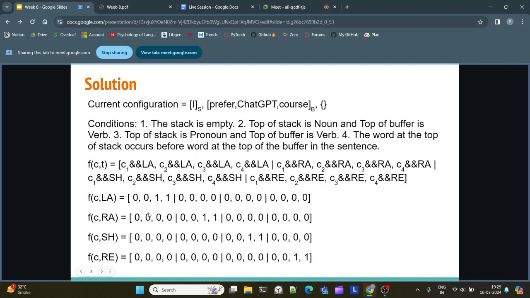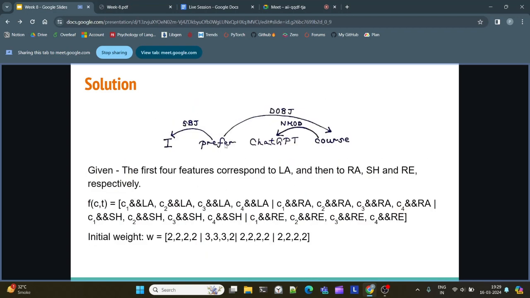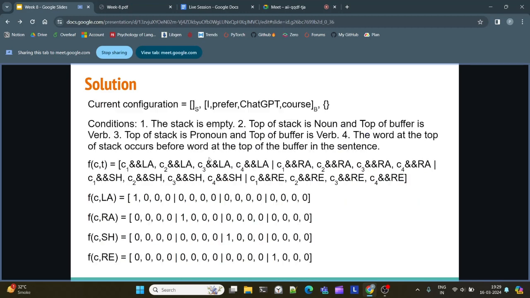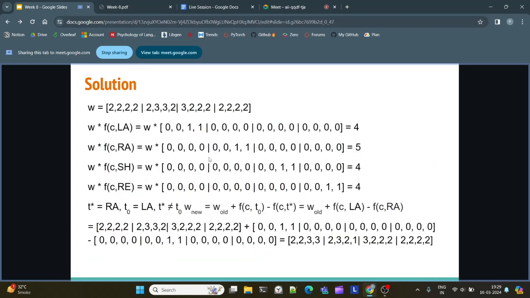Why? Because the word I on the top of the stack and the word prefer on the top of the buffer have this left arc relation. So at this point the ideal transition is a left arc. However, our classifier has wrongly predicted right arc. We see that there is a misclassification here.